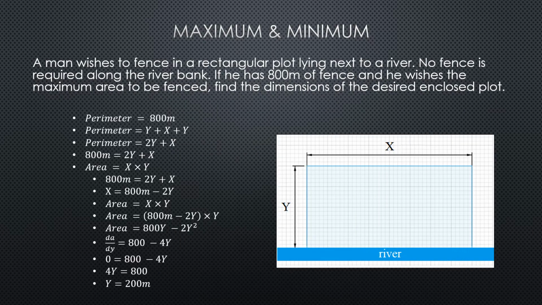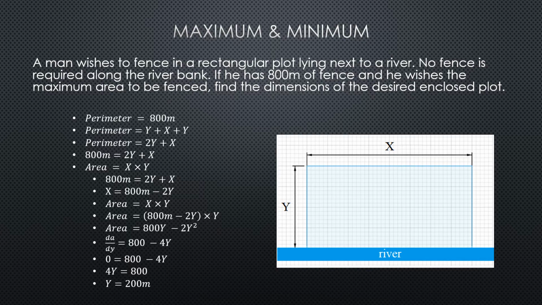Okay, breaking this down into some equations, we know the perimeter is equal to 800 meters. We can see that our perimeter, or our length of fence, is going to be a Y plus an X plus another Y, with the river as the alternate X, or missing X that we don't need.